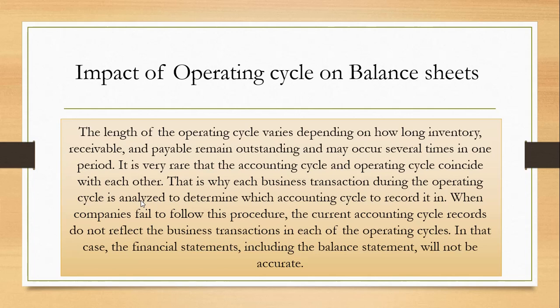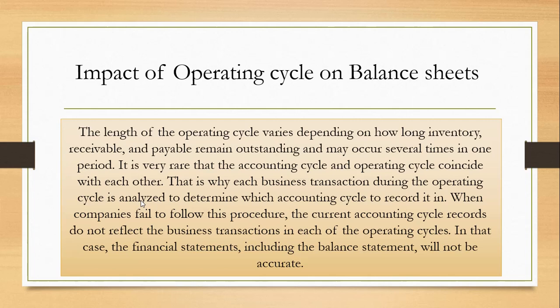That is why each business transaction during the operation cycle is analyzed to determine which accounting cycle to record it in. When a company fails to follow this procedure, the current accounting cycle records do not reflect the business transactions in each of the operation cycles.